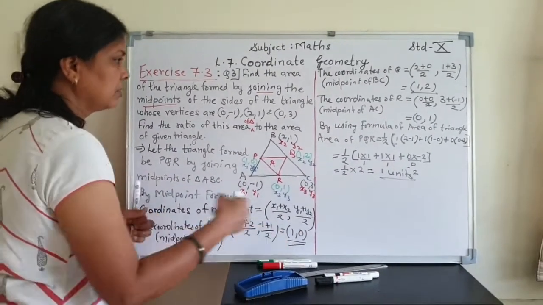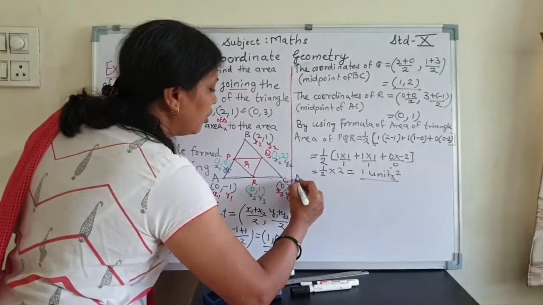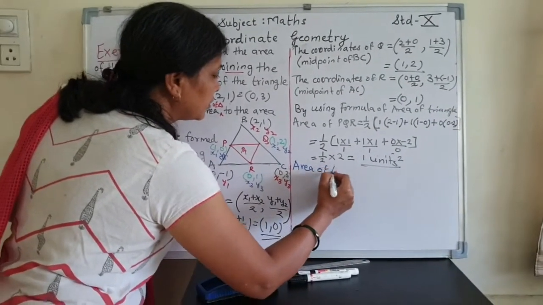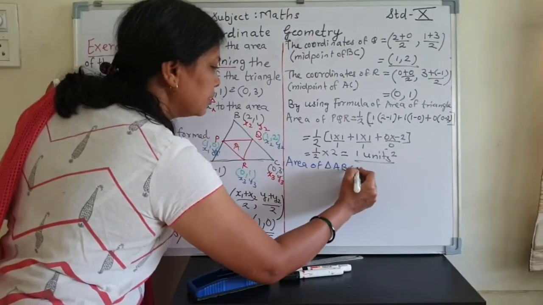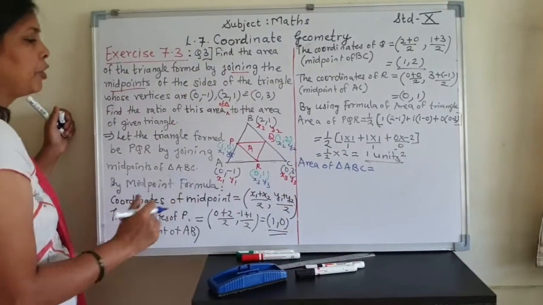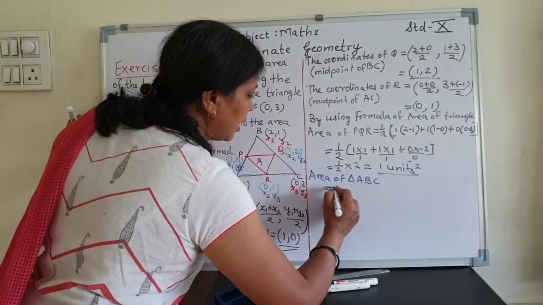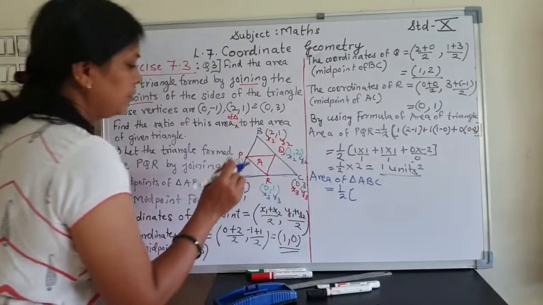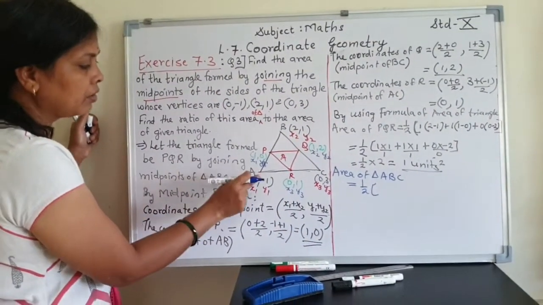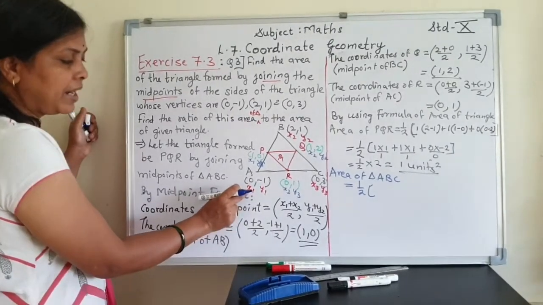Now we will solve the area of triangle ABC by using the same formula. So I will write it here, half of, now see here, this is x1, we have already decided it.